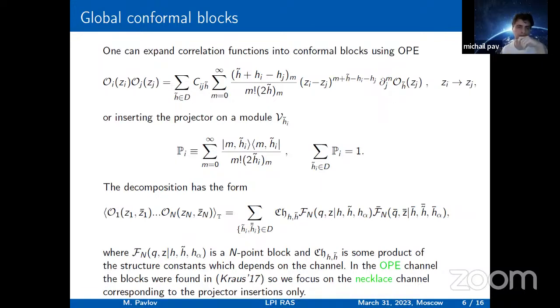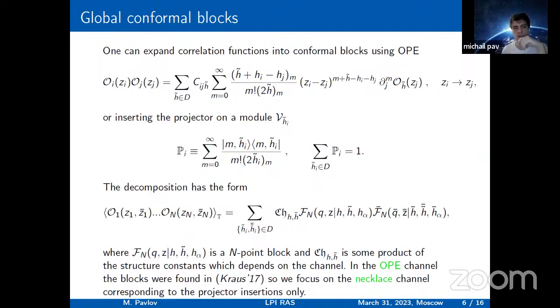So basically, doing OPE, we reduce the n-point correlation function to an (n-1)-point correlation function. And there is another way: we can insert projectors between any two operators.